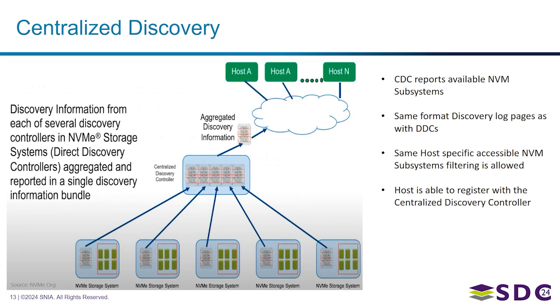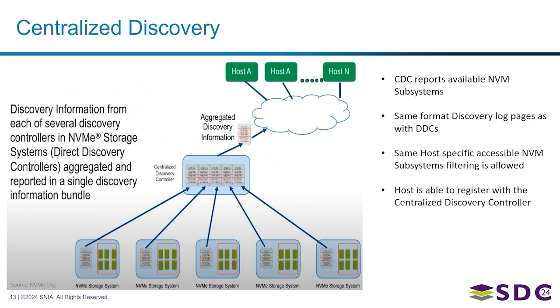Now, looking at centralized discovery, typically this is the diagram we can look at. So now the CDC is there, and all the host and NVMe subsystem information is aggregated in a single place.